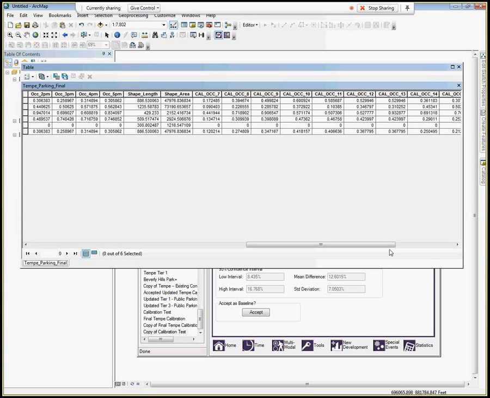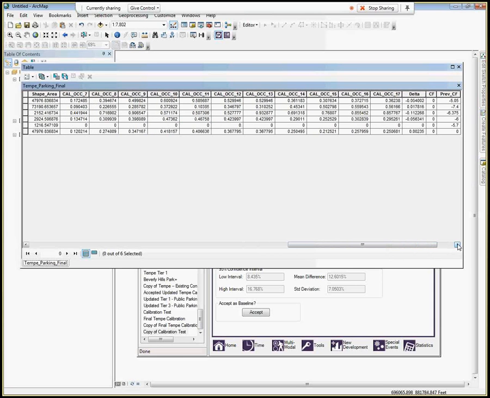And so what we're doing from a calibration perspective is looking at what is the difference between those two fields and how do we adjust those to better set our modeling parameters to better predict the occupancy on a facility by facility basis.